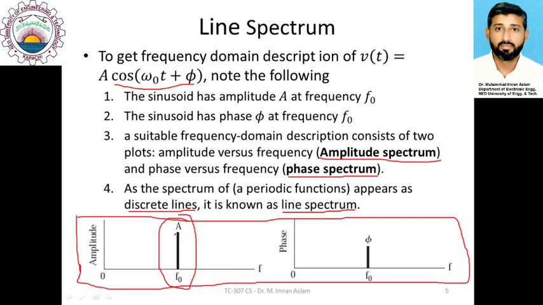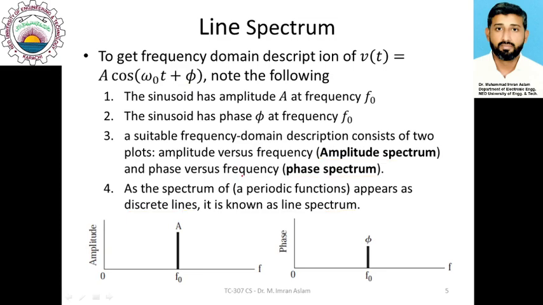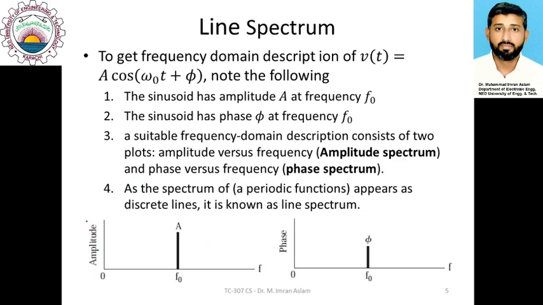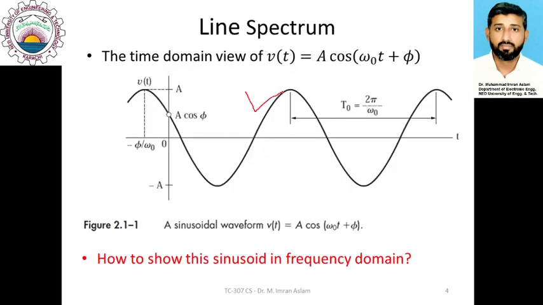Okay, so you can see that the same function which I showed in time domain, which is represented here, can also be represented in frequency domain by these two plots, that is, the amplitude spectrum and the phase spectrum. I want to emphasize that this curve and the previous curve are representing the same function. They are not different functions, they are the same function.